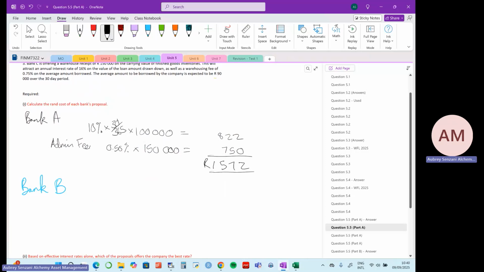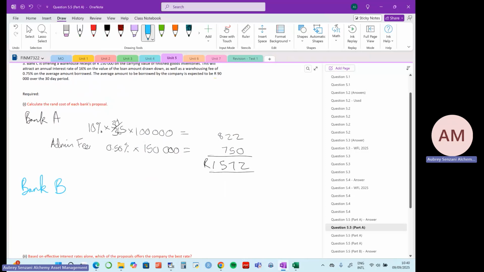If they're giving us 150, remember, banks don't have unlimited funds. They have only so much funds that they can give out to customers. So you can argue it both ways. But yeah, we are thinking like financial managers. So let's move on to Bank B.